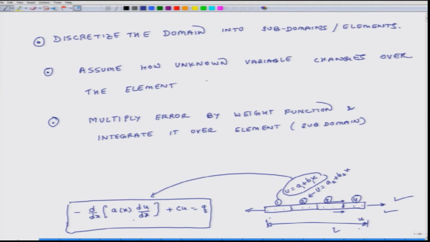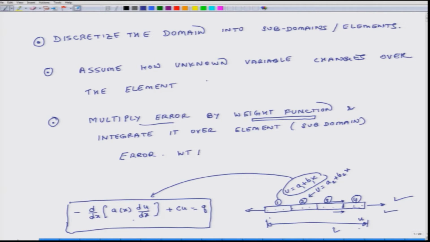So, that is the error we calculate, and we multiply it by some weight function. Mathematically we will say that error, and then we multiply it by weight function, and we will discuss what is a weight function later.